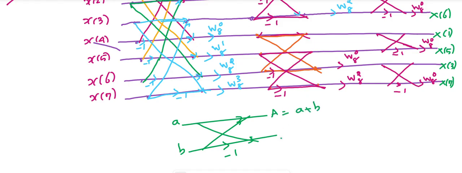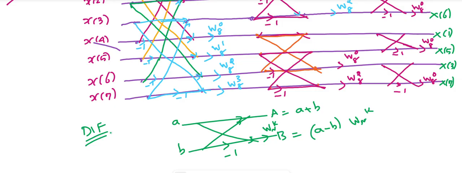The other complex number b is equal to the difference a minus b into Wn per k. So this is your basic 2-point computation for decimation in frequency.